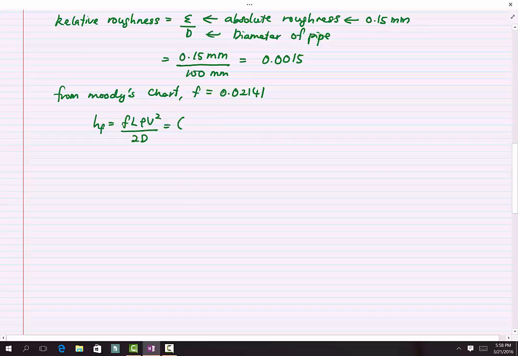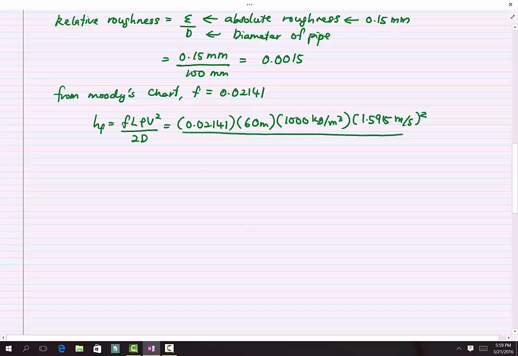Your friction factor is 0.02141 times the length of the pipe, 60 meter, and rho is 1000 kilogram per meter cube, and velocity is 1.5915 meter per second squared, divided by 2 times 0.1 meter.